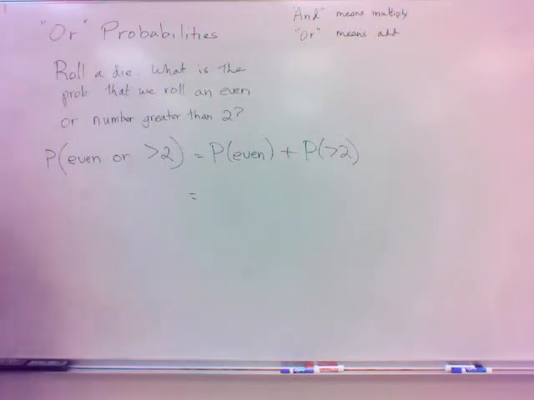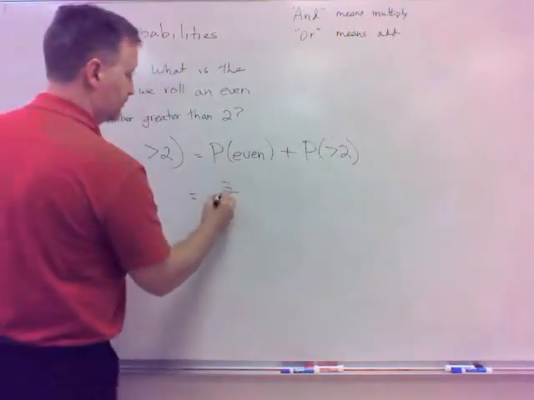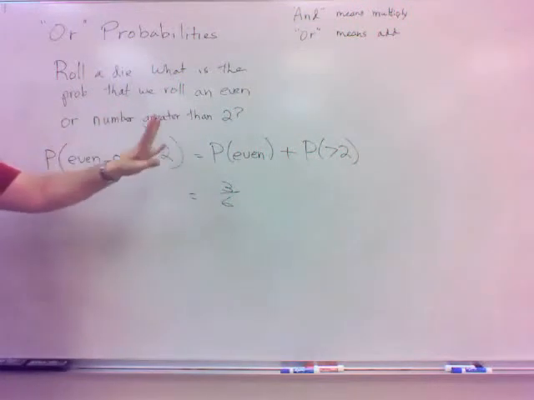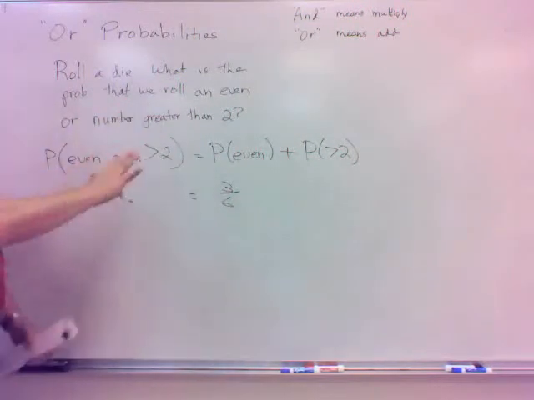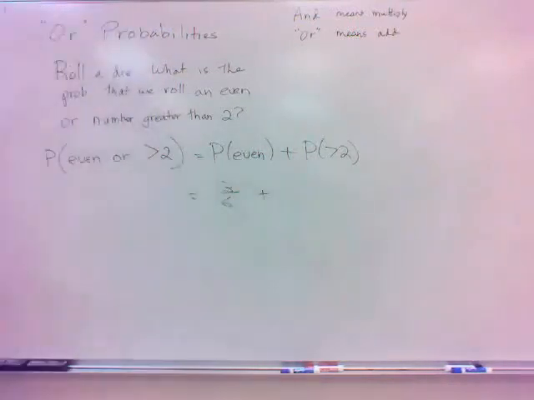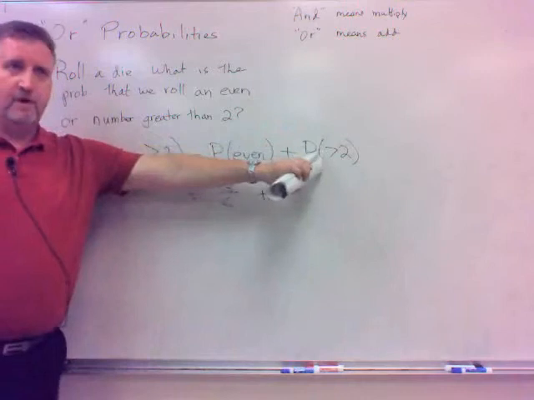There's 3 evens out of 6 total. 3 out of 6. With me on that? 3 of them are even: 2, 4, and 6 out of 6. Okay, and let's not reduce it here, because we are going to be adding fractions, and it'll be helpful not to reduce.